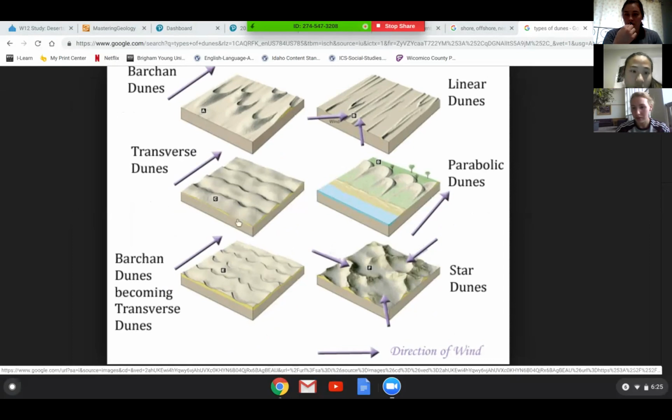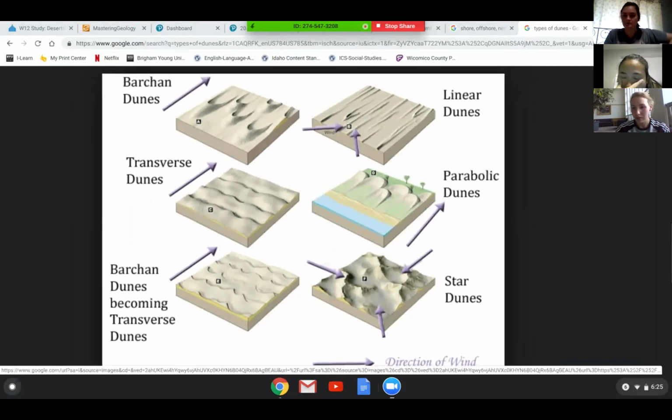Usually when you're on the coast, the wind is coming in off the water. And so we felt like it couldn't be linear because they're converging, and definitely couldn't be star dunes. Yeah, definitely.